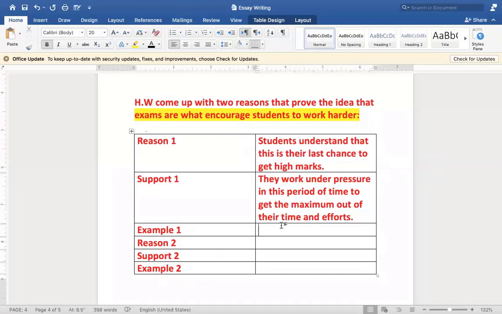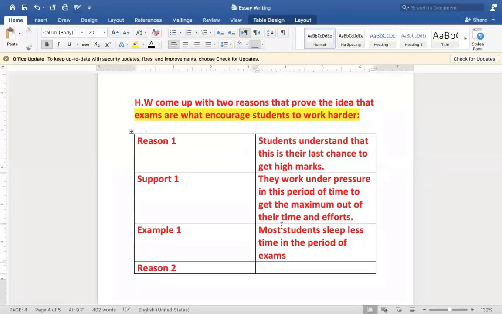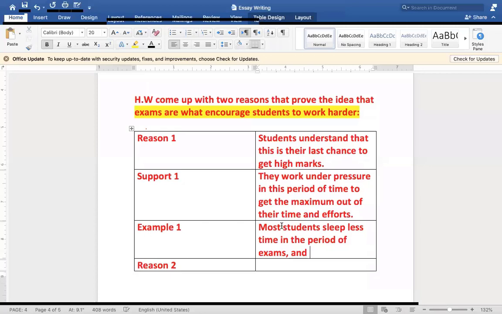الاكزامبل بيساوي كده. ممكن اقول ايه اكزامبل؟ Most students sleep less time in the period of exams, and correct.